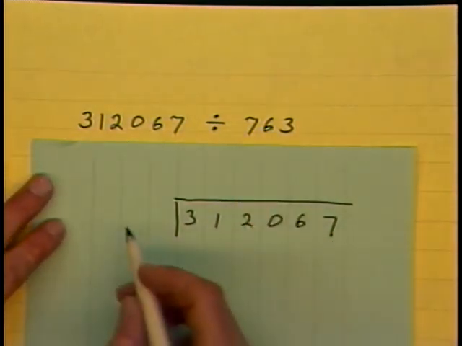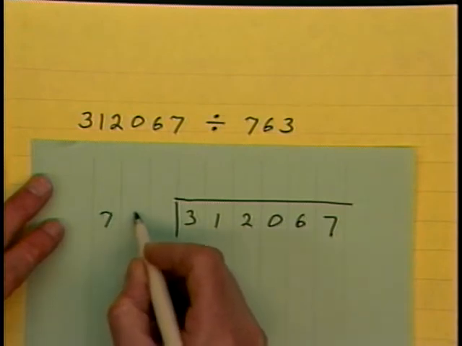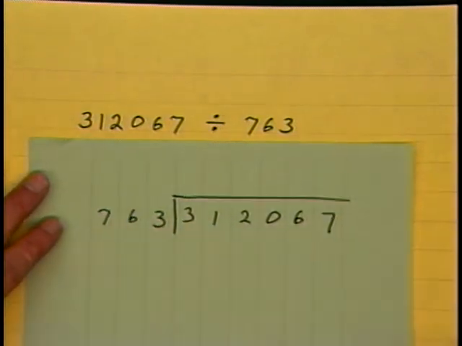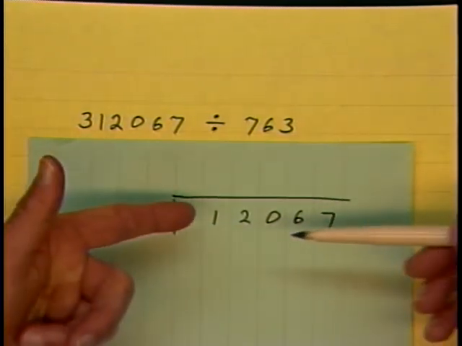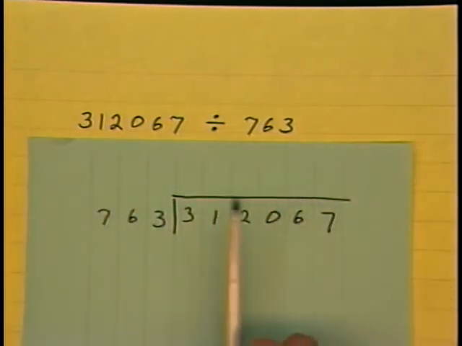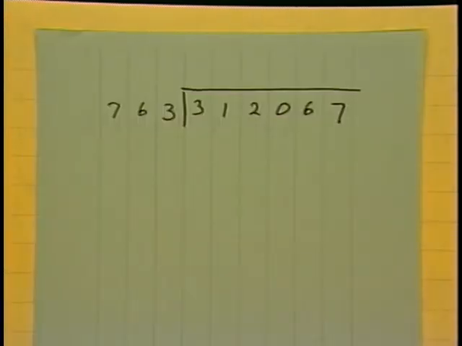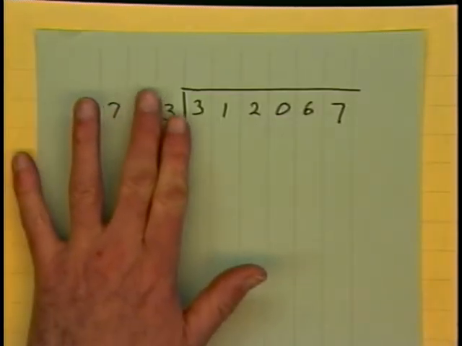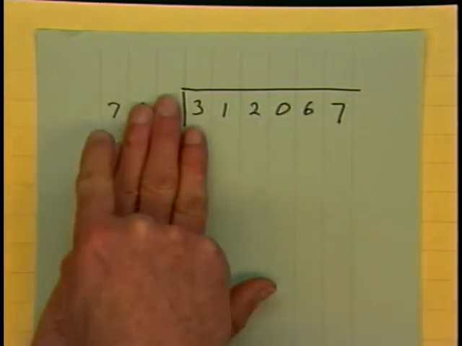Then my divisor on the outside, so that we can keep my columns in an absolutely straight line and not get lost as to where we were at any moment. Then a trick used by many is to simply cover up all but the front digit.